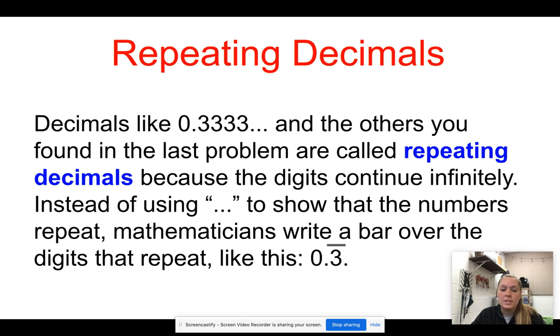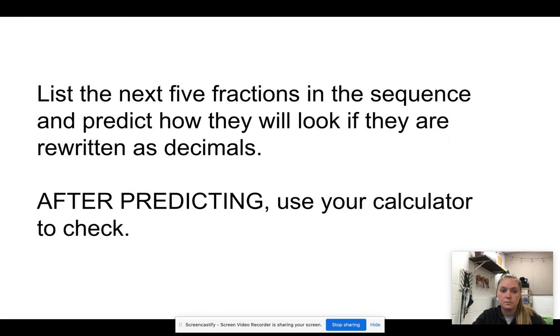So instead of using the dots, like what I showed you in the last slide, we are going to use a bar over the digit that repeats. That's called a vinculum. So you could write 1/9 as 0.1 with a bar above the 1. You could write 2/9 as 0.2, the bar over the 2. Those were all repeating decimals.